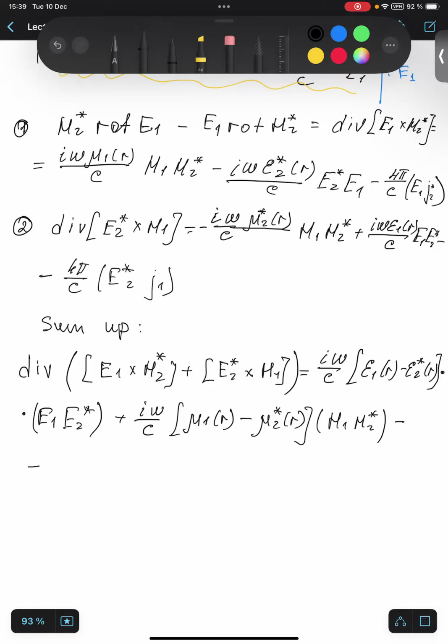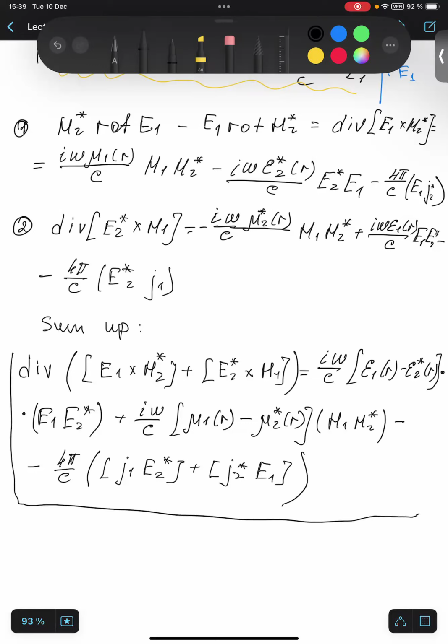And the currents, 4 pi C, K1, plus K1. So this is our reciprocity theorem in conjugated form.